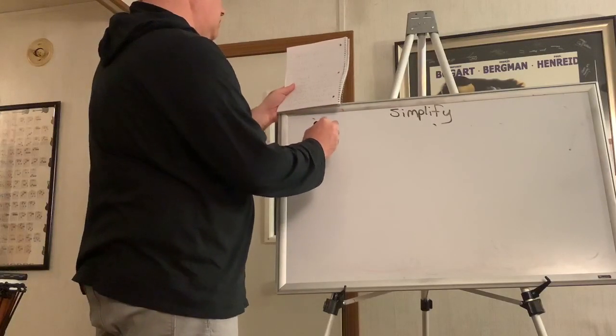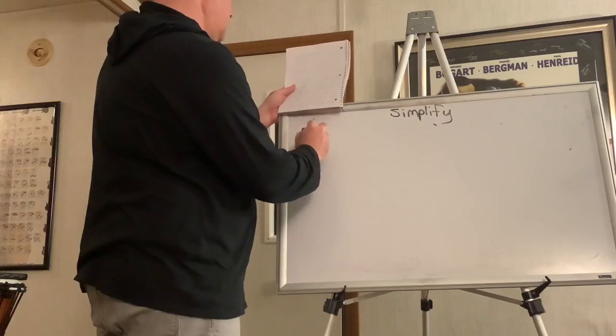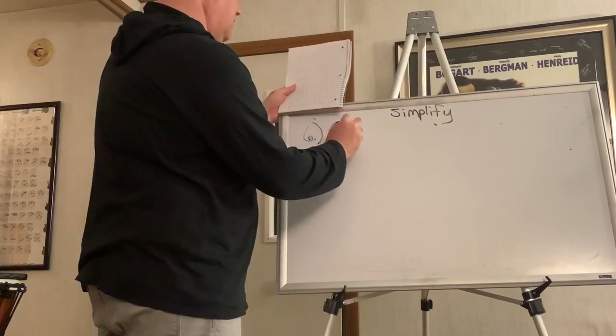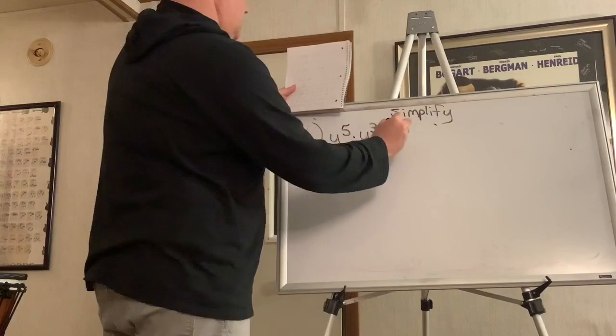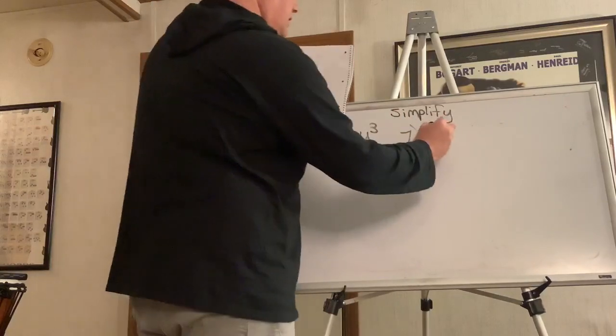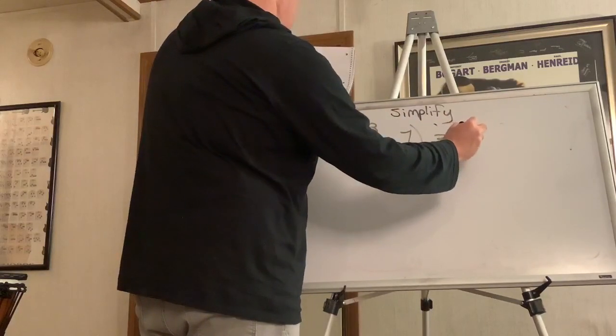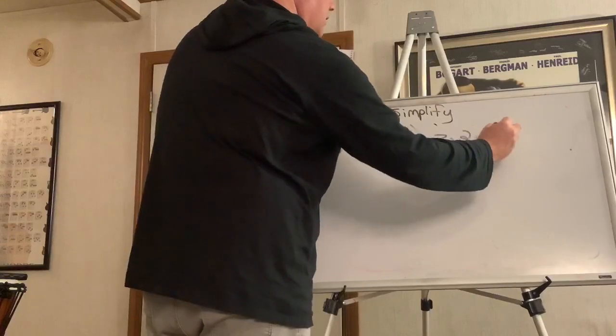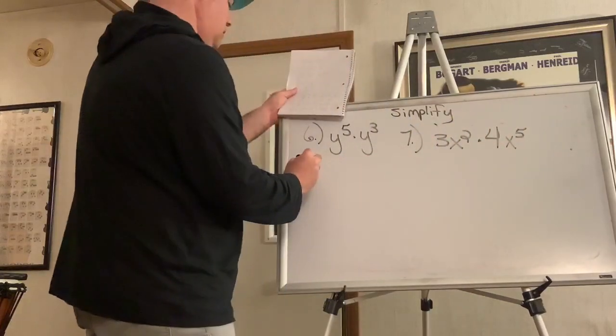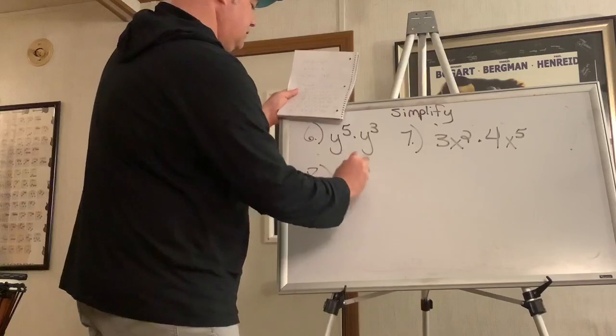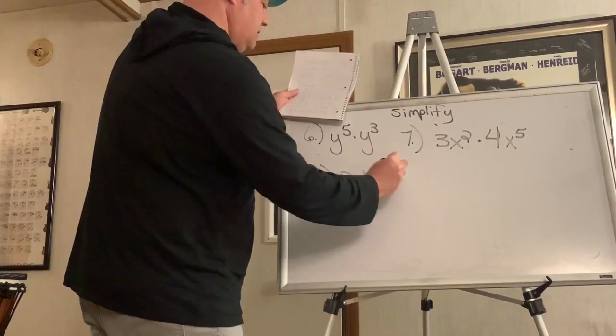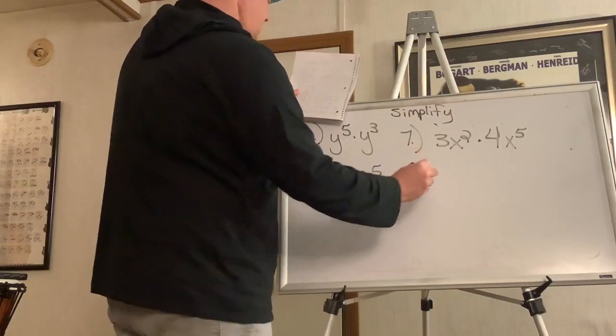Let's see. So number 6 then is going to be y to the 5th times y cubed. Number 7 is going to be 3x squared times 4x to the 5th. Number 8 is going to be 2d to the 5th times 2d to the 3rd.